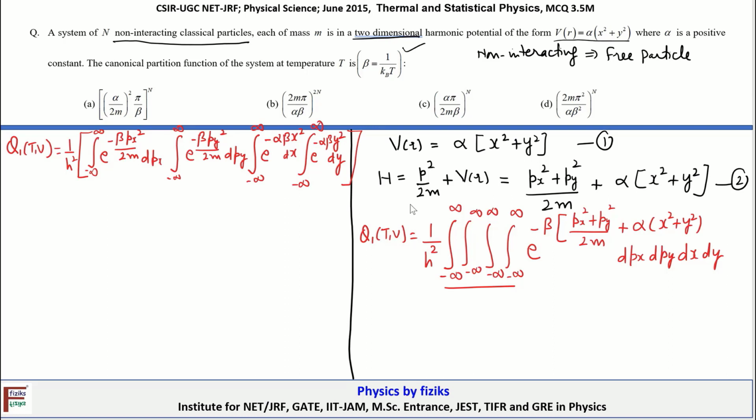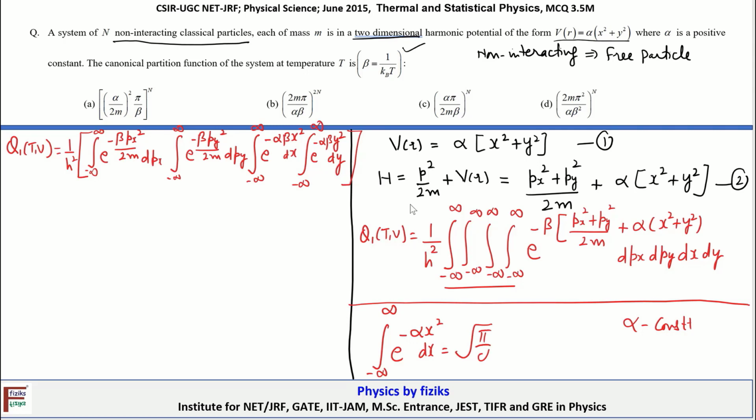These integrals can be solved by making use of one standard result, which I'm writing here on the right hand side. The standard result is that the value of the integral from minus infinity to infinity of exponential minus alpha x square dx, where alpha is a constant, is equal to under root pi by alpha.